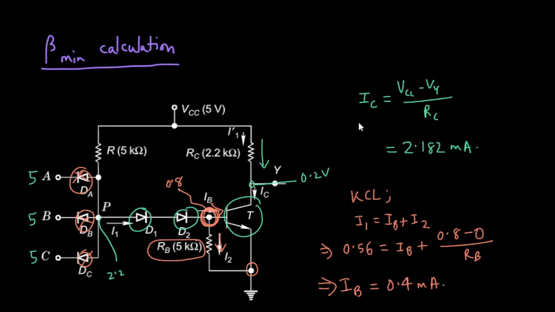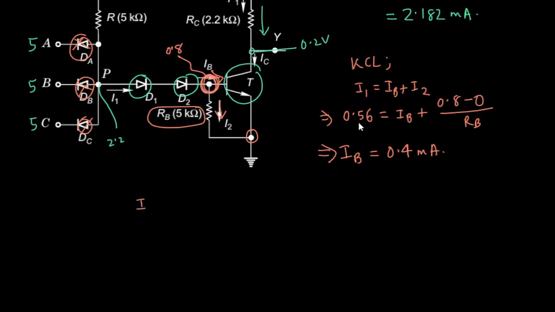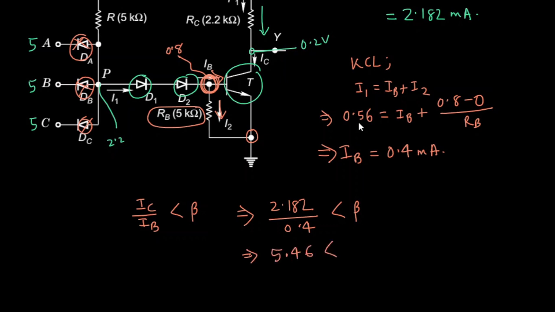Now, as the transistor T operates in saturation, the ratio of IC and IB must be less than beta. In our case, the value of IC is 2.182, the value of IB is 0.4, so 5.46 must be less than beta.